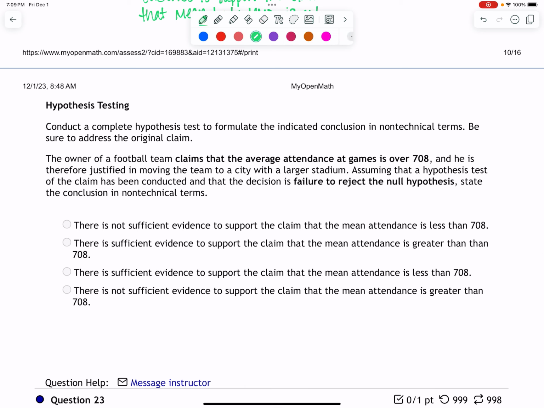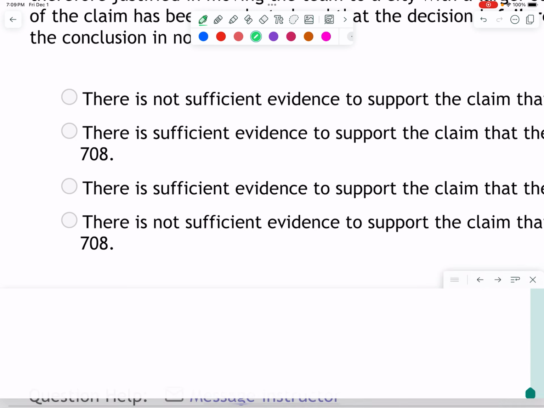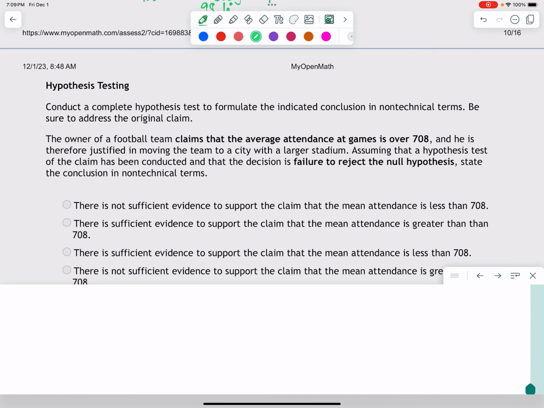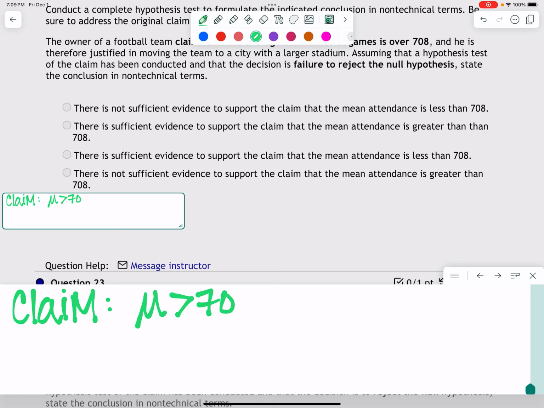So, the guy is claiming that average attendance is over 708. So mu is greater than 708. The opposite would be that mu is less than or equal to 708.